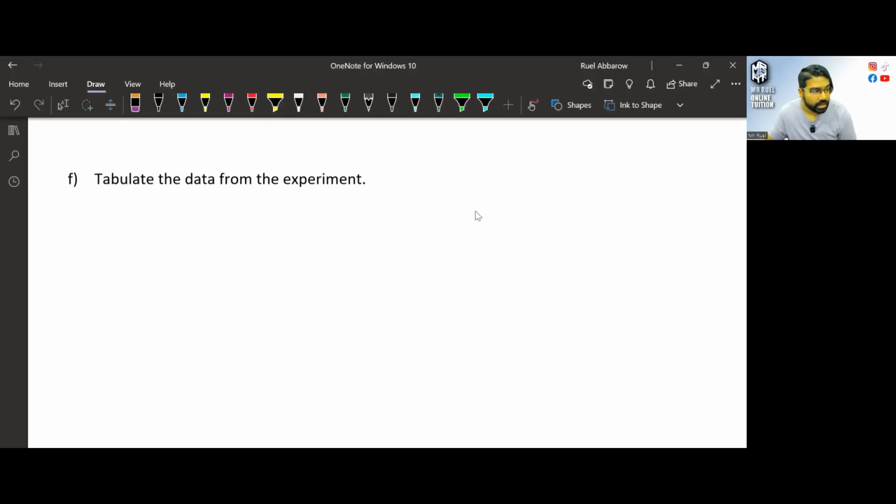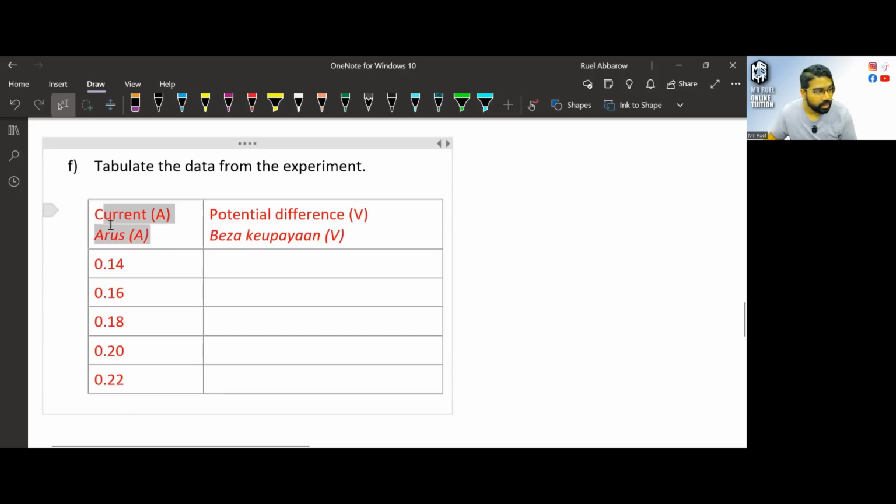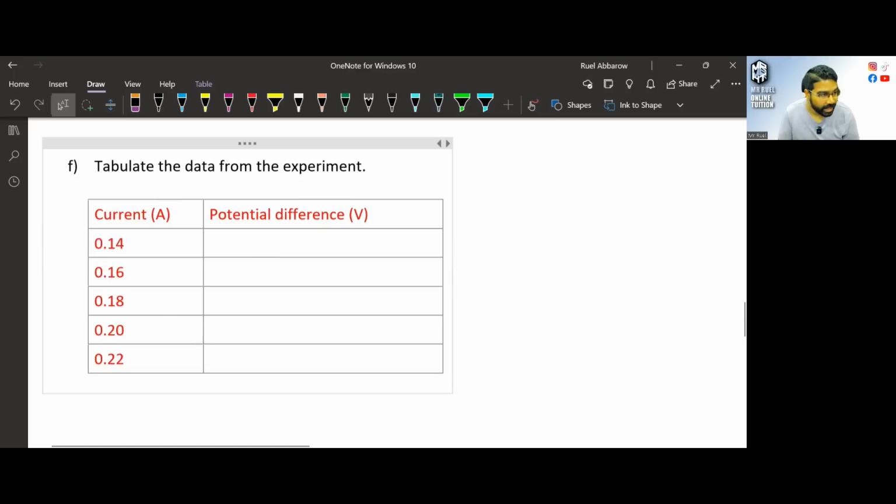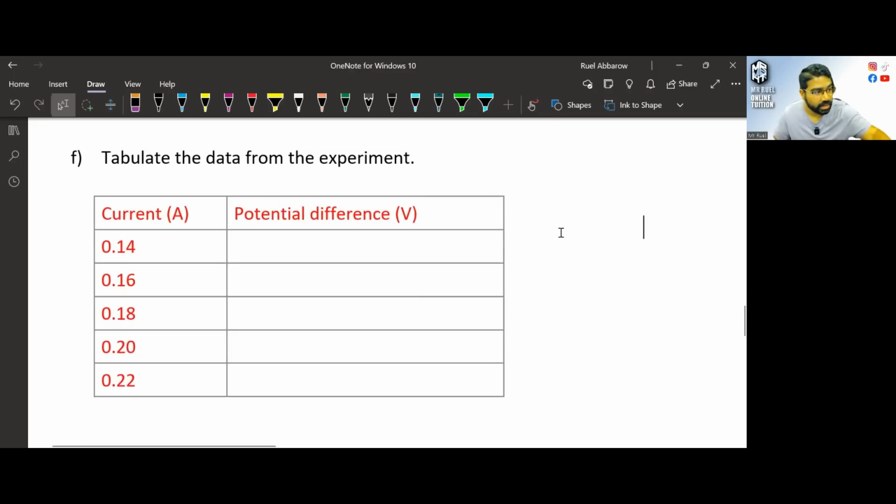Okay, so here, this is it. So current. Now, please remember your unit must be in the header. Some tips for this table. Your units must be here.